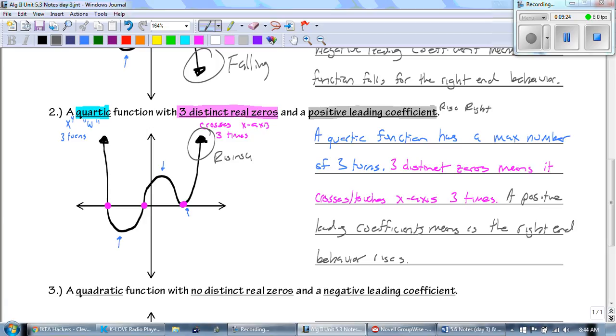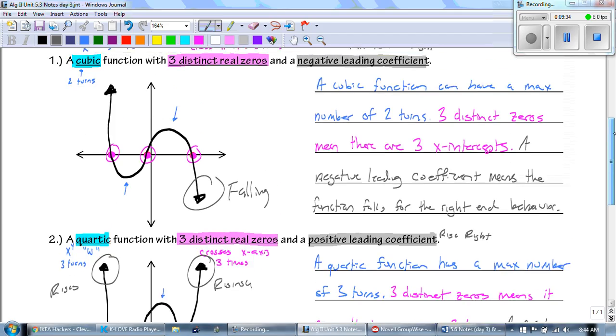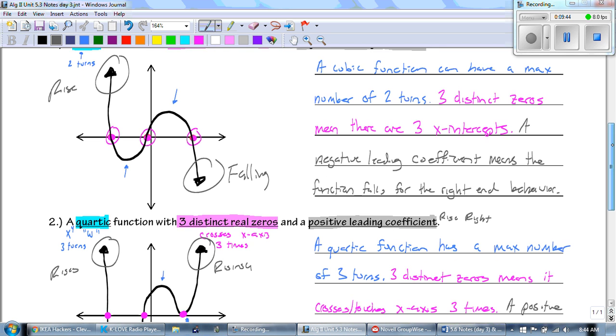Now, I know that my left end behavior also rises because it's a quartic function and they do the same thing. Just like when it was a cubic, this one is going to rise while the other one falls, because they do the opposite.